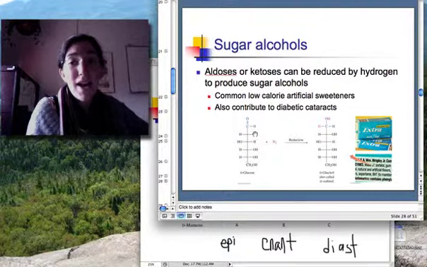And if some of that glucose gets reduced into sugar alcohols, it can cause a type of cataracts in diabetics, these sort of crystal precipitates in their eyes. So there's some relevance there to redox reactions in carbohydrates.